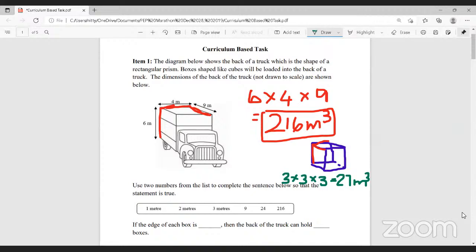So we have the back of the truck having a volume of 216 cubic meters, and we're going to load boxes in the back of the truck, and one box will have a volume of 27 cubic meters. Why did you divide 216 by 27? Go ahead, just share a sentence or so that will help us to understand your answer, your calculation.